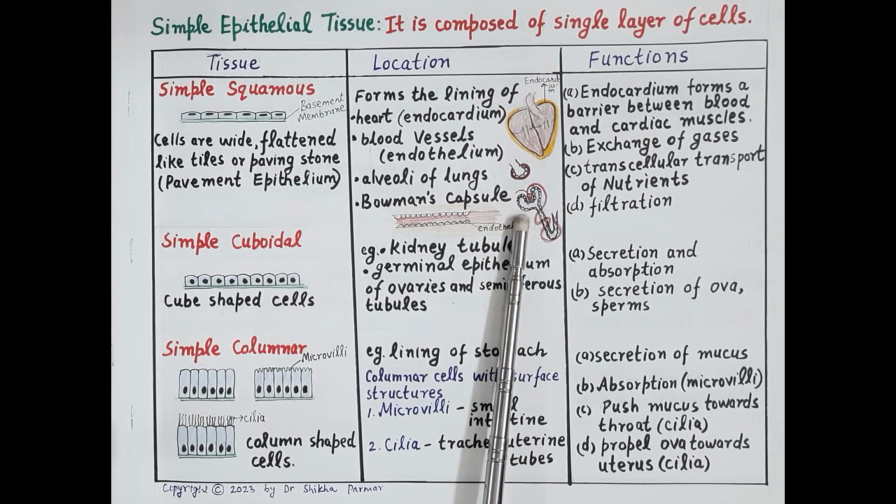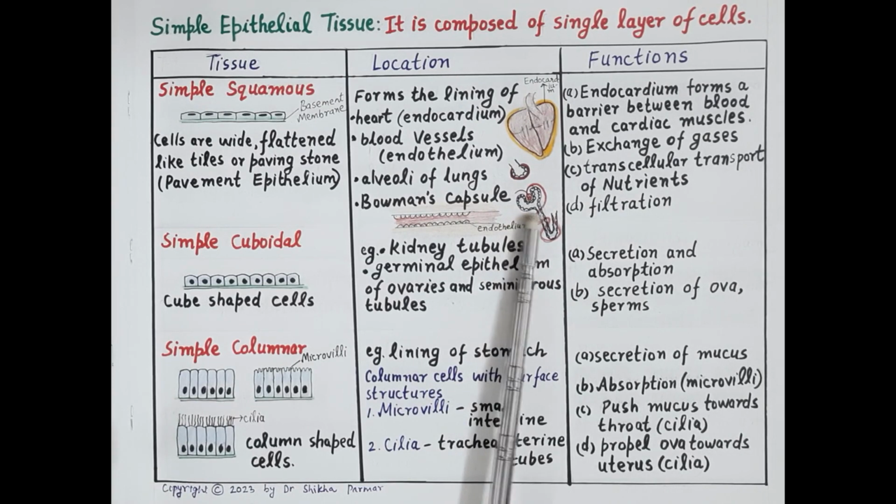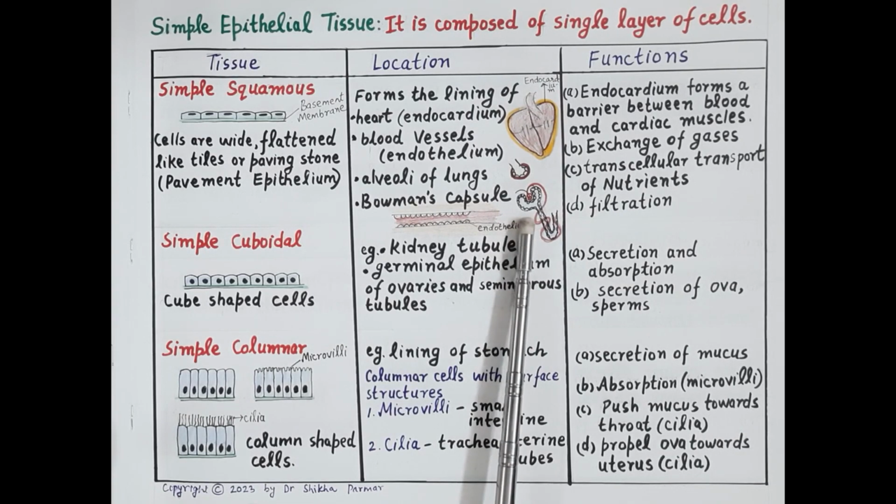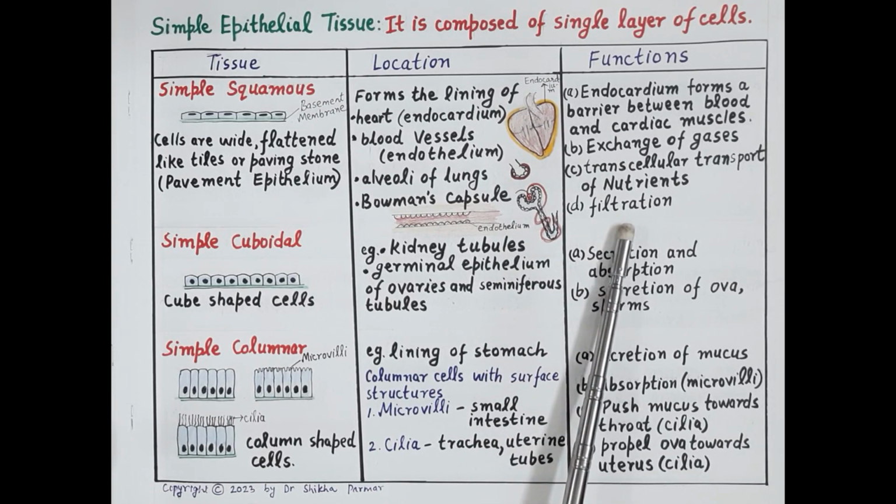As you can see, the Bowman's capsule is lined with epithelium, and this epithelium is the simple squamous epithelium. It acts like a sieve and filters the blood in the glomerulus. The filtrate comes out in the lumen of the nephron. So here the function of simple squamous epithelium is filtration.